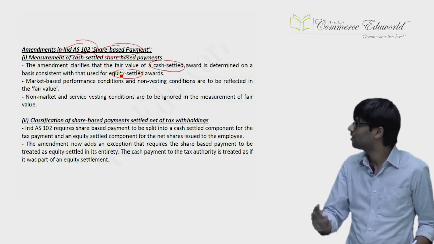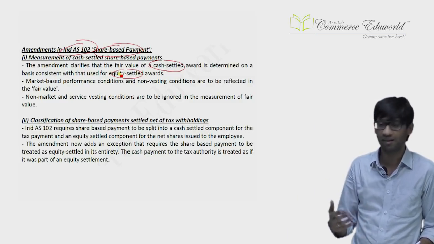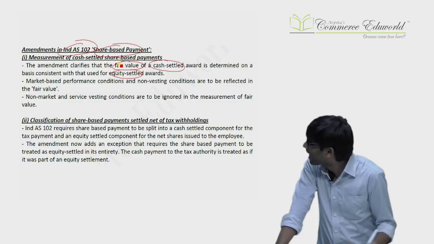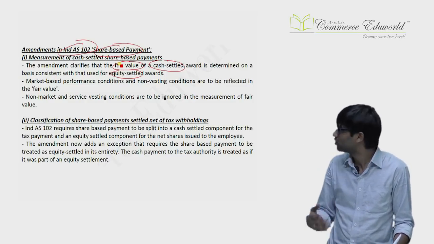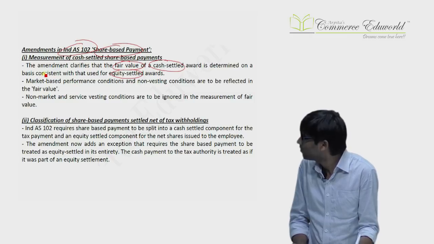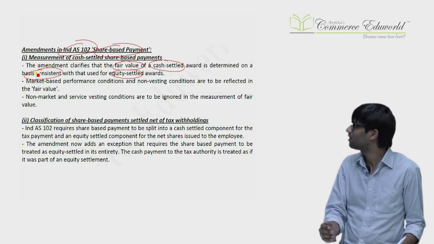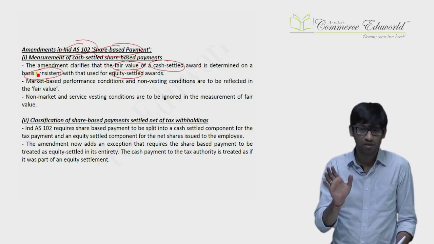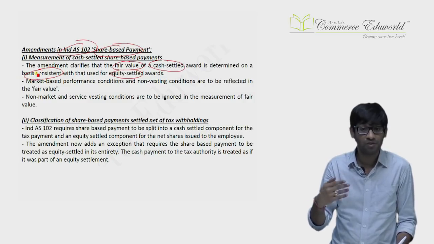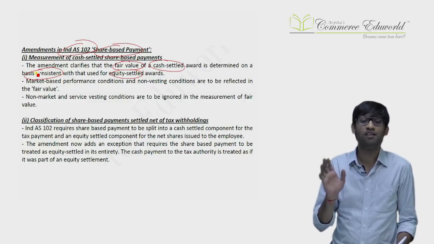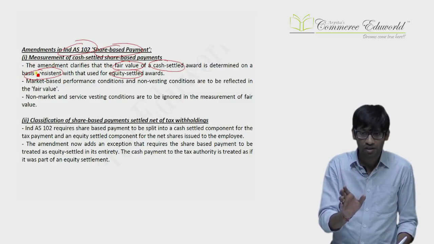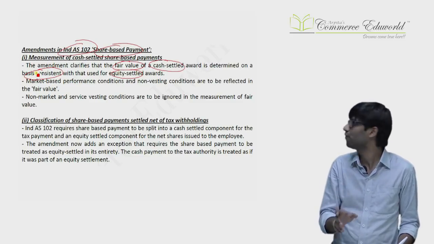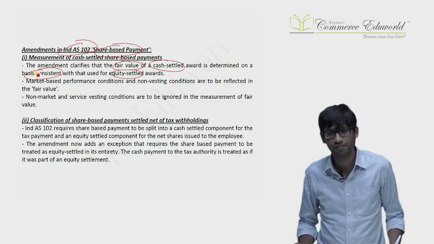This amendment clarifies that the fair value of cash settled share-based payment is to be measured on a consistent basis with equity settled share-based payment. Means you measure equity settled share-based payment based on fair value. On a similar basis you need to measure cash settled share-based payment also. So the calculation of cash settled share-based payment should be consistent with the calculation of equity settled share-based payment.